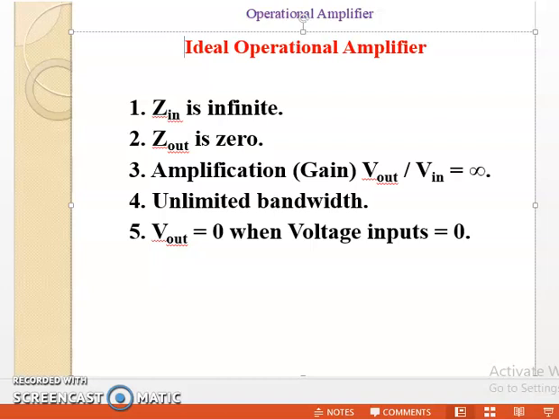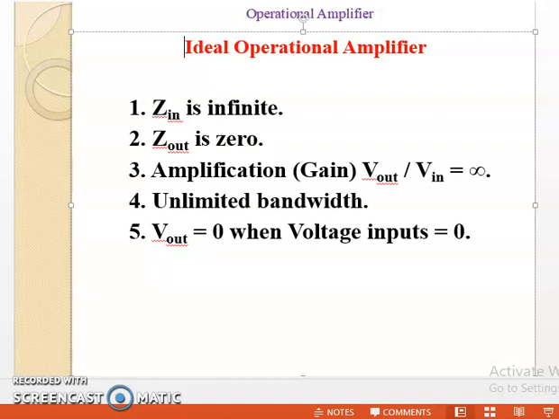Whenever we construct any amplifier, if its characteristics approximately match the ideal amplifier, then we say such an operational amplifier is a good one. Then what are the ideal characteristics of an operational amplifier?